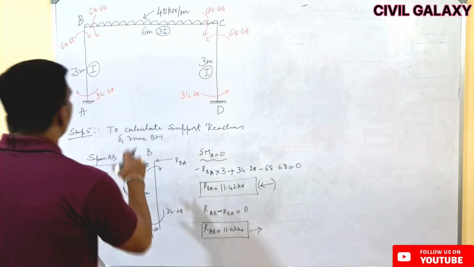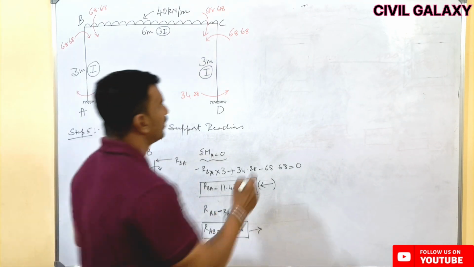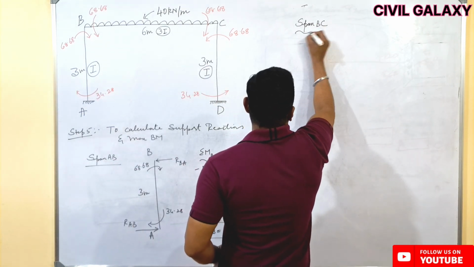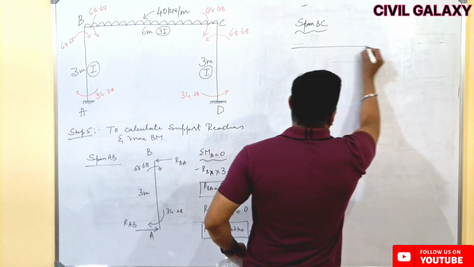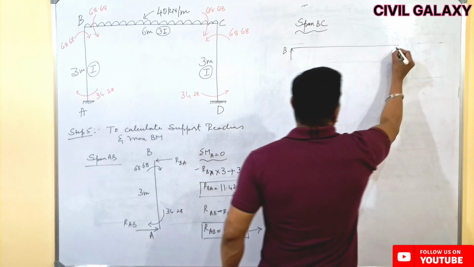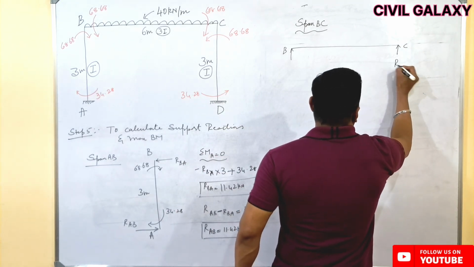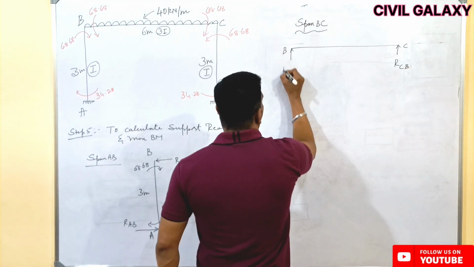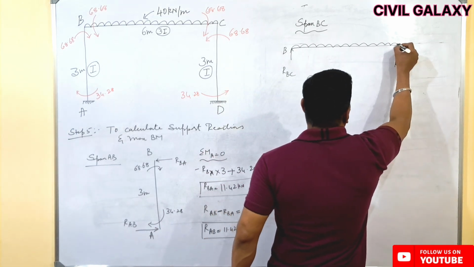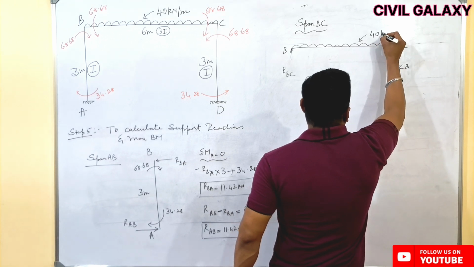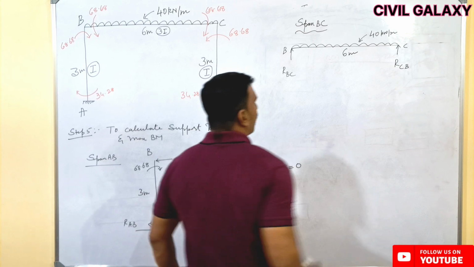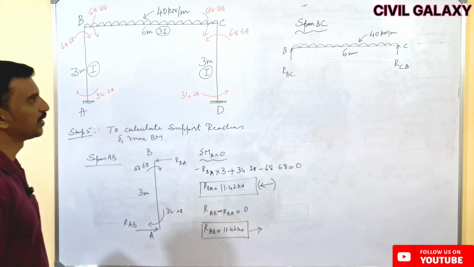Now if you want to calculate similarly for span BC, see here, for span BC, this is B and this is C. Let us call the reactions RCB and RBC, carrying a UDL of intensity 40 kilonewton per meter over the span of member BC, which is 6 meters.